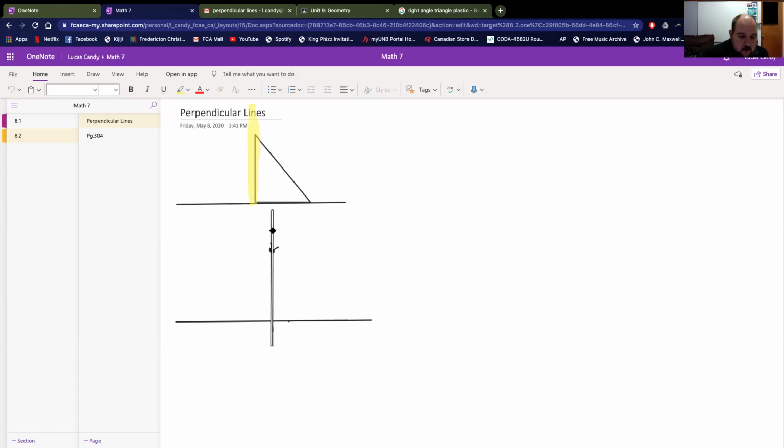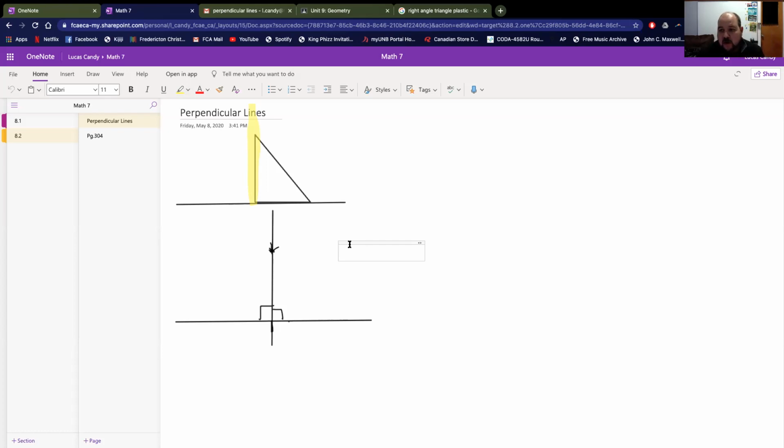Now, I'm going to move this over a little bit. Perfect. And there you have a beautiful perpendicular line. Well, beautiful might be a bit of a stretch, but you've got your 90-degree angles. Wonderful. So there is method 1, 2, and 3.